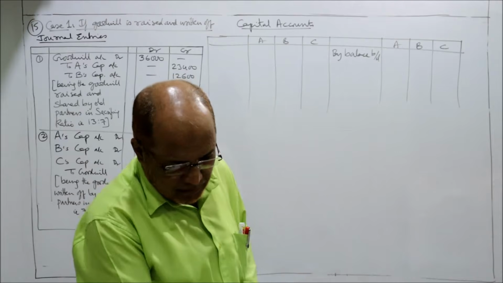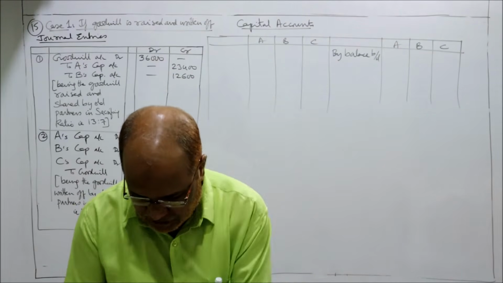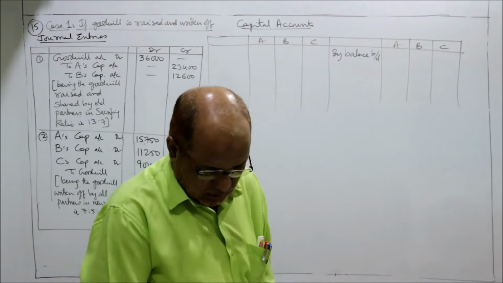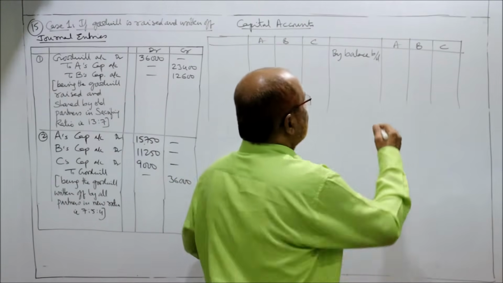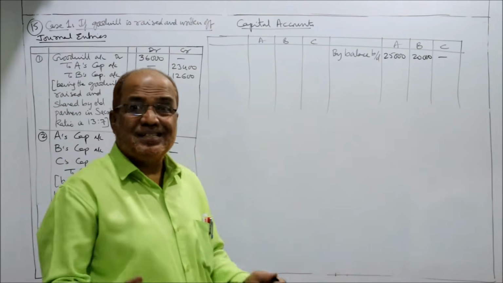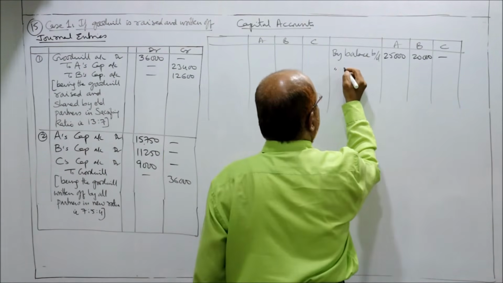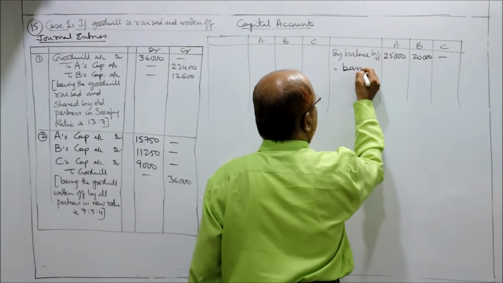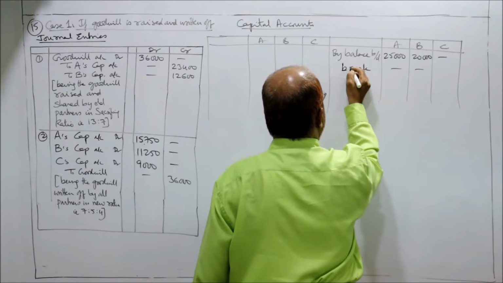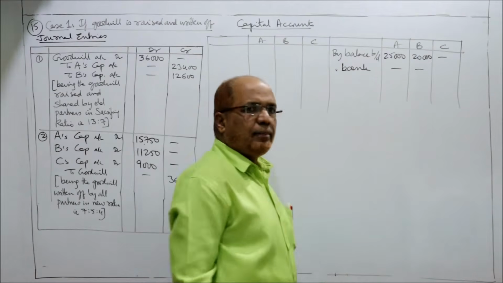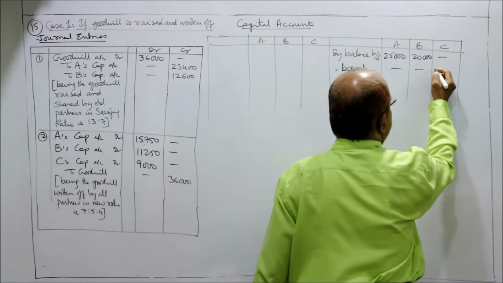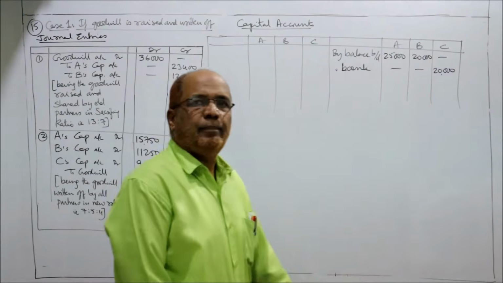Old partners are A and B. In the balance sheet it is given: 25,000 and 20,000. We don't have any opening balance for C because C is a new partner. How much capital is he bringing? It is given that he would pay 20,000 as capital. 20,000 capital he is bringing.